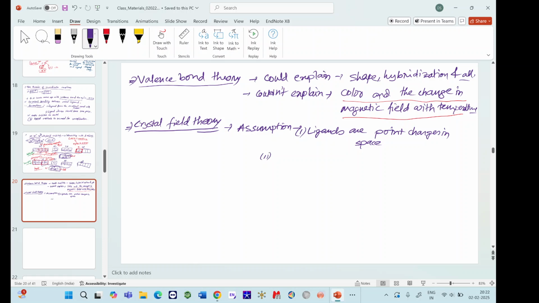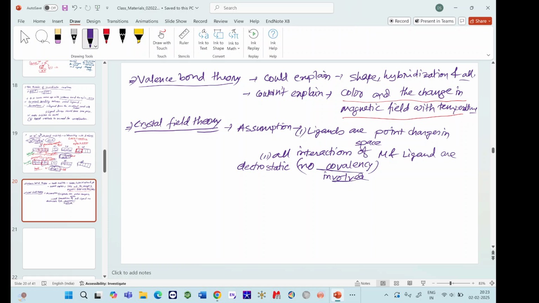The second assumption is that all interactions of metal and ligands are electrostatic. So there is no covalency involved. This was the main difference between valence bond and crystal field theory.